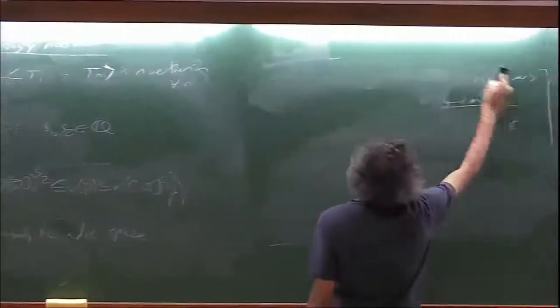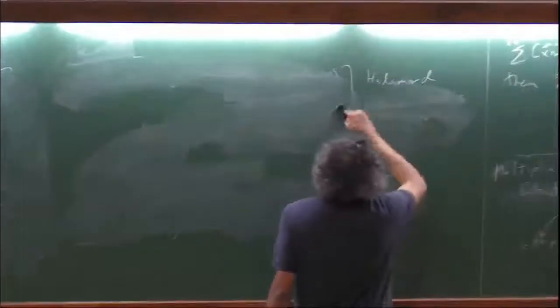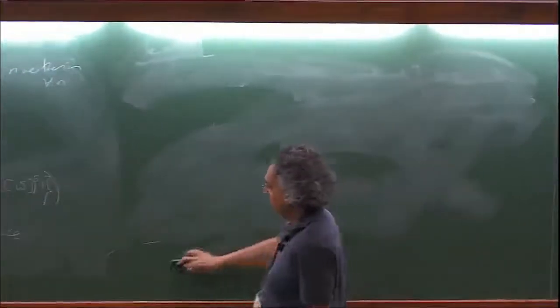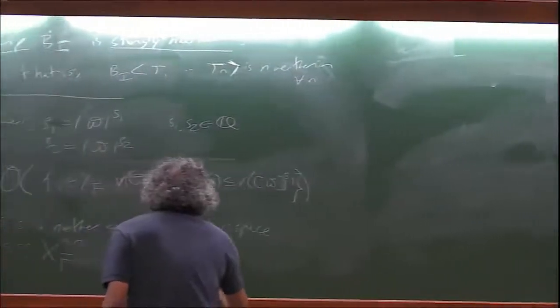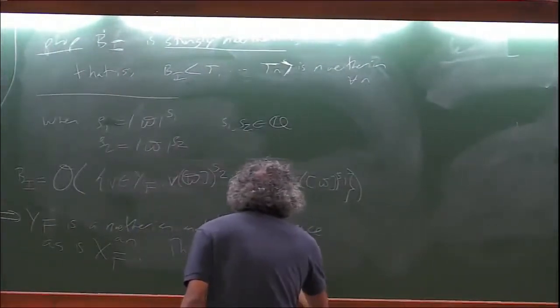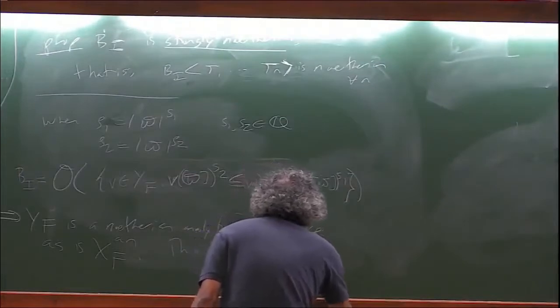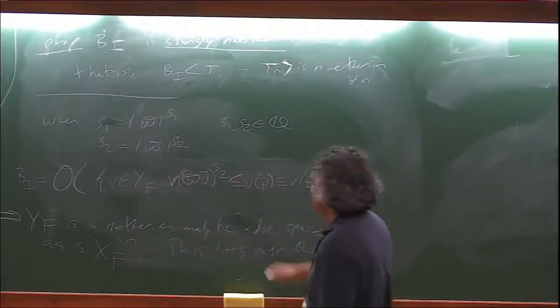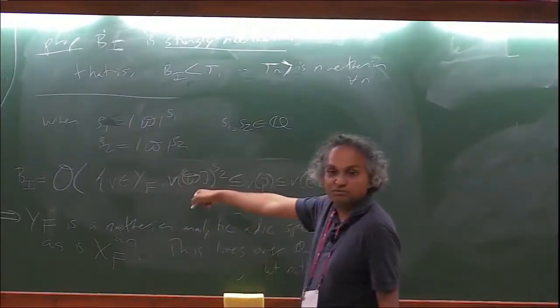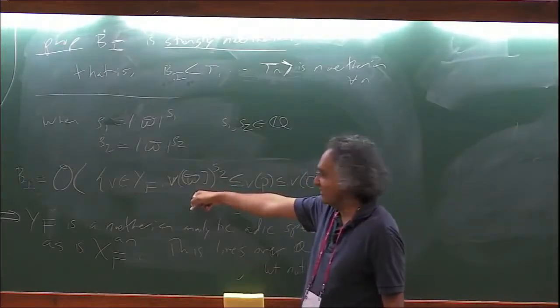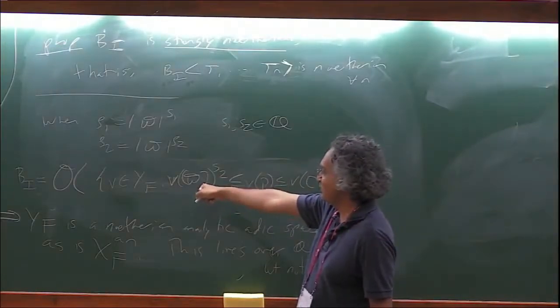Of course, it's a slightly weird construction because this space lives over Q_p, but not over F in any meaningful sense. These rings are not F-algebras, because they're in characteristic 0 and F is in characteristic p.